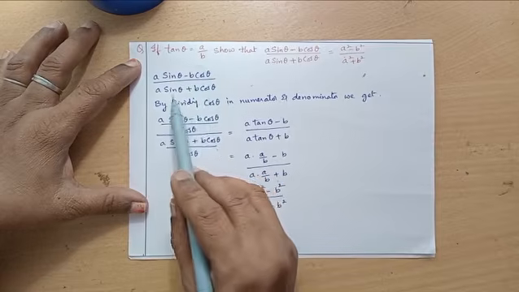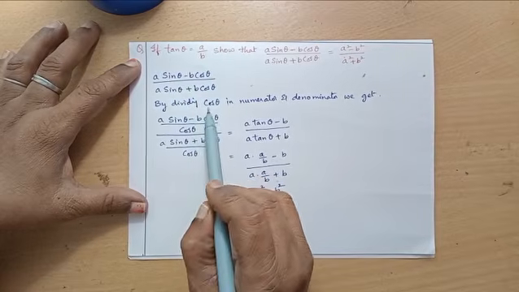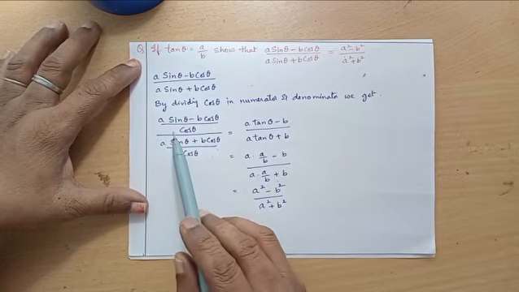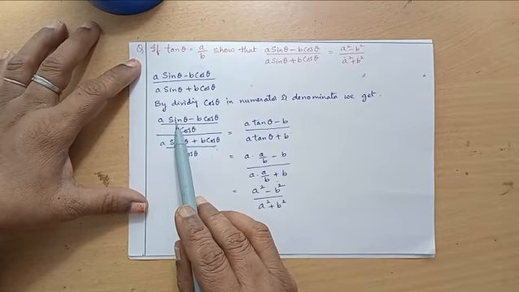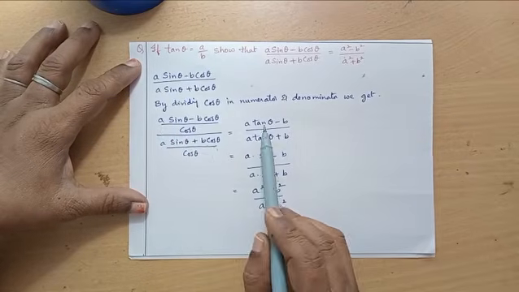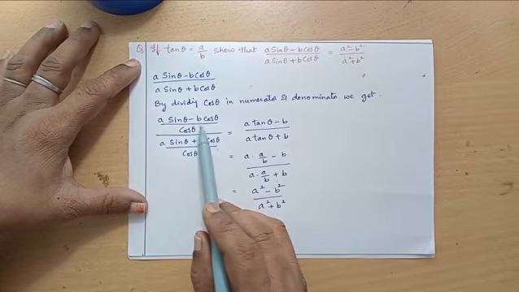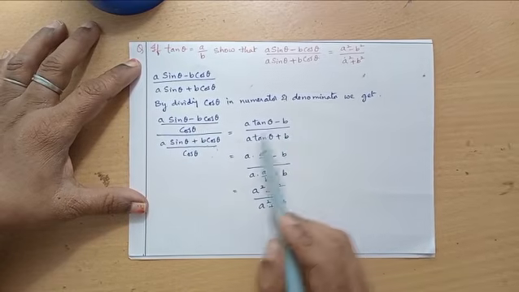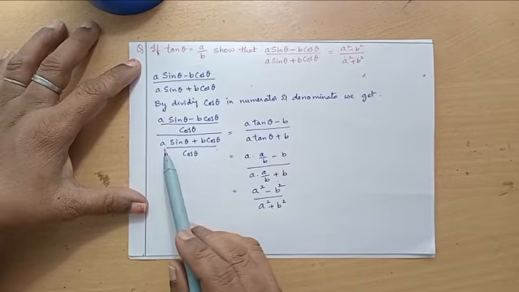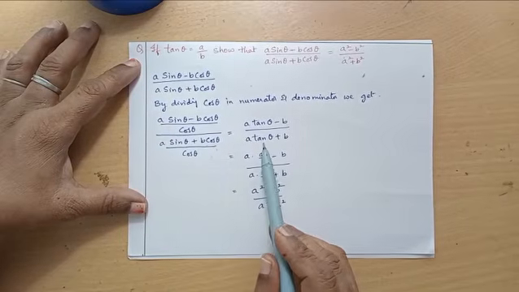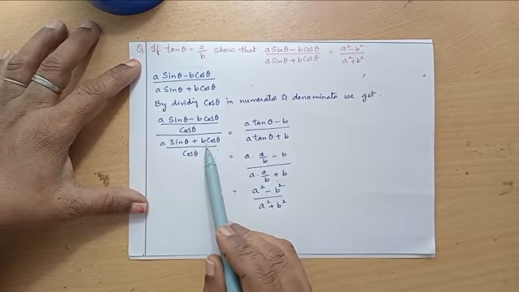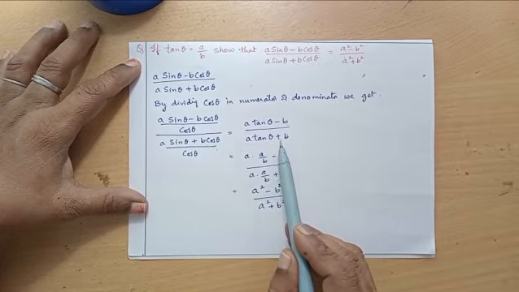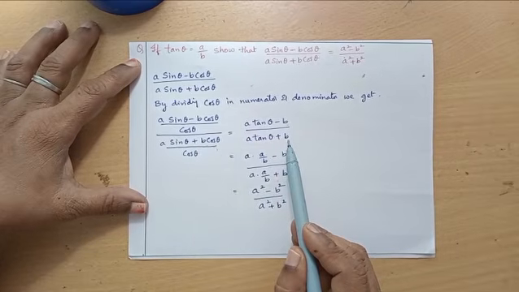Dividing the numerator and denominator by cos theta, what do we get? We get a sin theta by cos theta, which is tan theta, minus b cos theta, and cos theta gets cancelled, so minus b, whole divided by a sin theta by cos theta, which is tan theta, plus b cos theta, and cos theta gets cancelled, we get b.